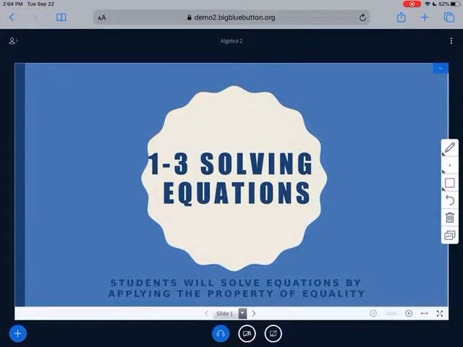Okay. So we are looking at 1-3, which is solving equations today. When we solve equations, we are looking to get to a final answer that logically makes sense.